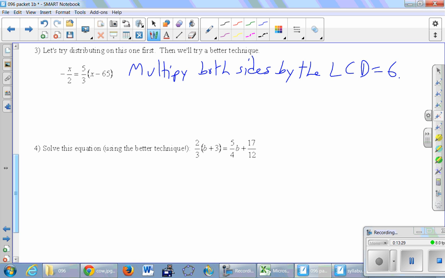All right, so we're going to put a times 6 over on this side, and then times 6 over on this side.